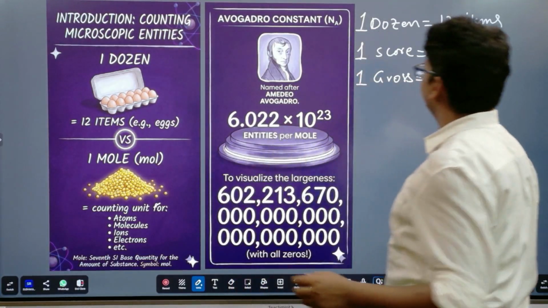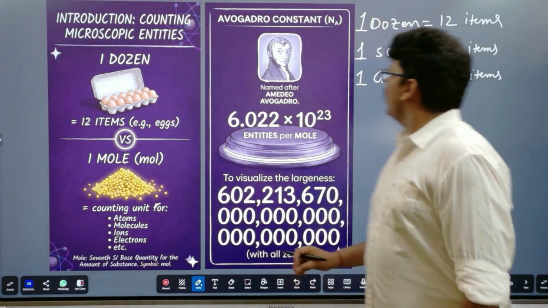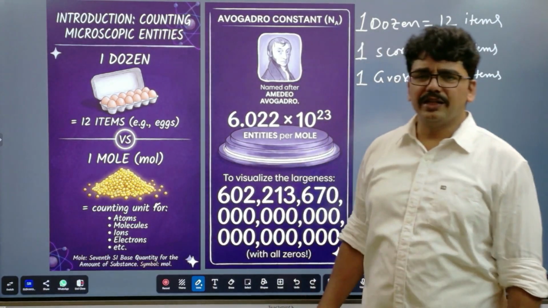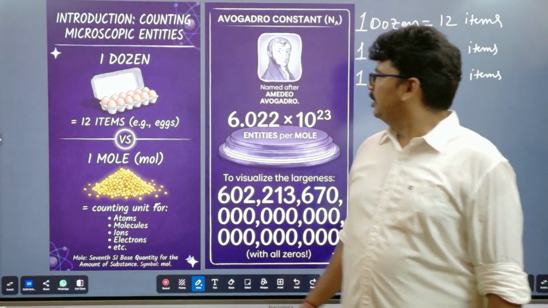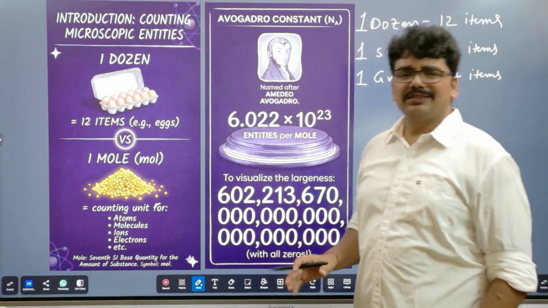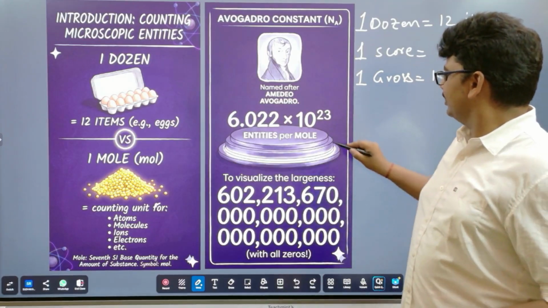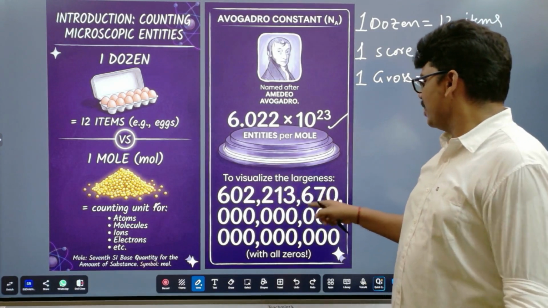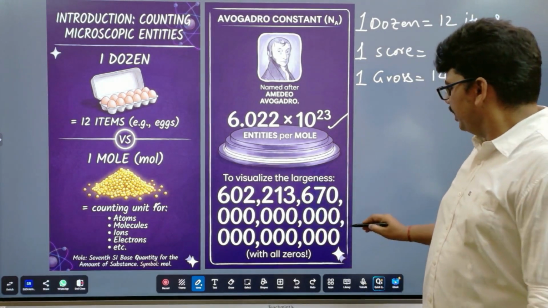Same as dozen, score, gross, mole is also a counting unit. 1 mole x means 6.022 into 10 power 23 x. Right? And this Avogadro number is a very huge number. To understand this, write all the zeros: 6, 0, 2, 2, 1, 3, 6, 7, 0, 0, 0, 0, and so on. So it's a very huge number.